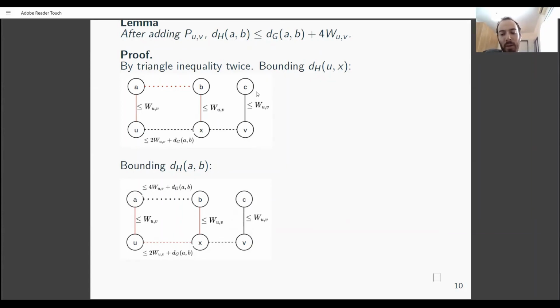First, we bound the distance between U and X using the path U A B X. So the distance between U and X is at most d_G(A,B) plus 2 W_UV. And then in the second diagram, we bound AB by the path A U X B. And if we take them together, we get that the first lemma holds.